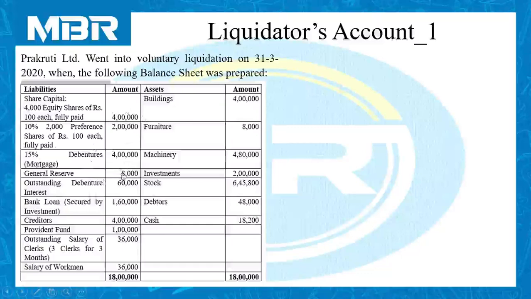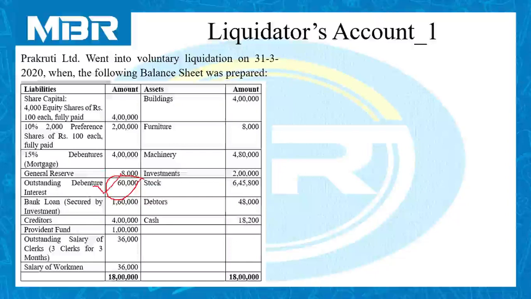General reserve 80,000. Outstanding debenture interest 60,000. As I said, we need to pay amount of outstanding debenture interest at the time of payment to the debenture holders, and here it is given to us in our balance sheet.